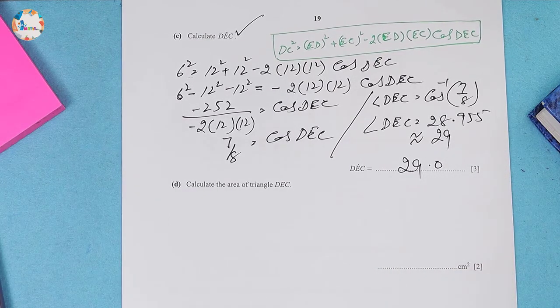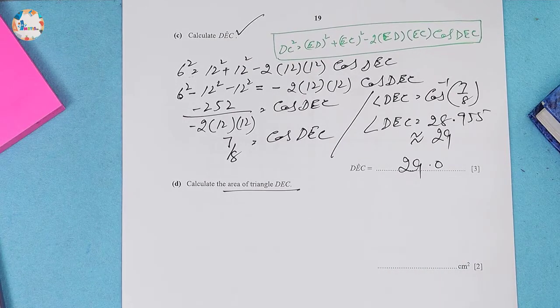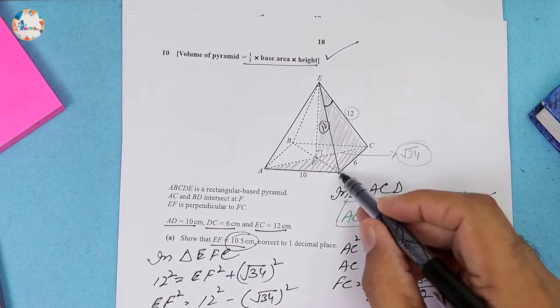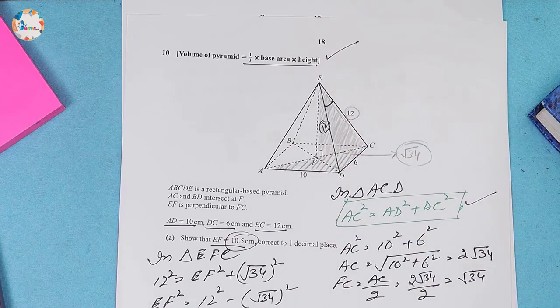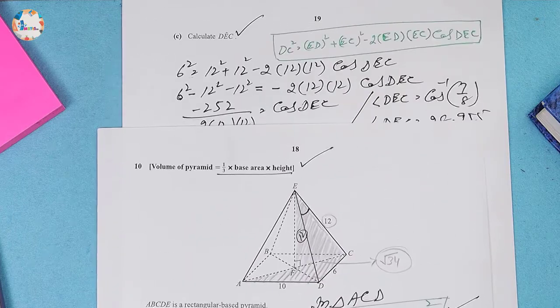Calculate the area of the triangle DEC. We can identify the triangle DEC over here. DEC is this triangle. We can find the area for this one by applying the area formula.